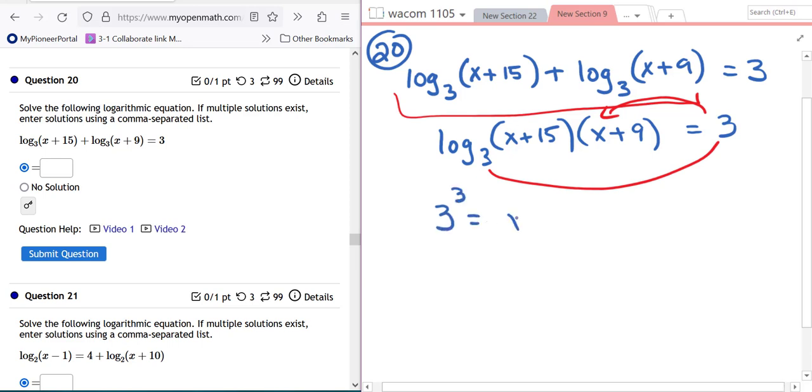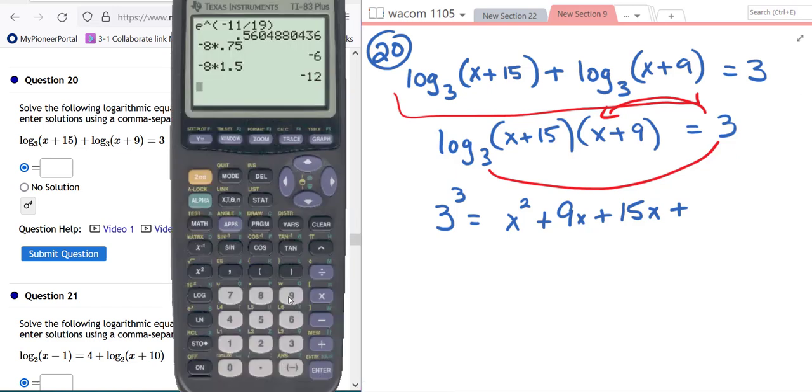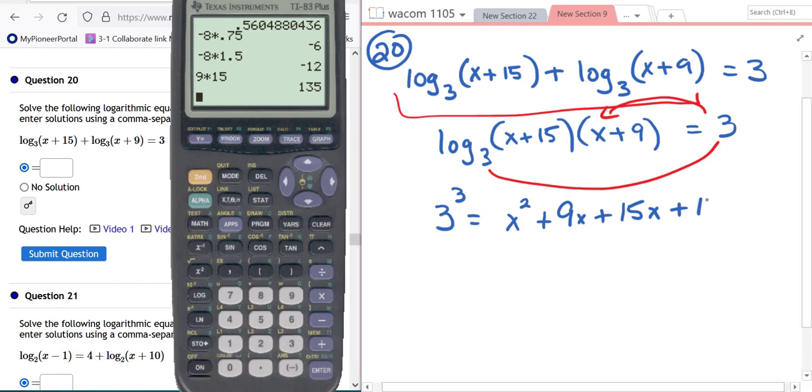which is x squared plus 9x plus 15x plus 9 times 15. That's 135. Right, this is 27.